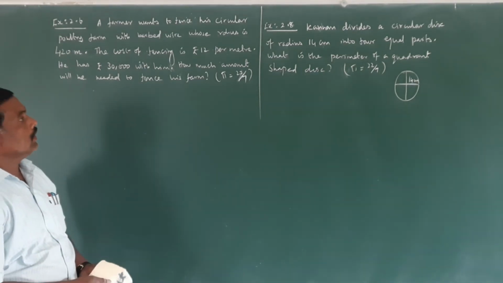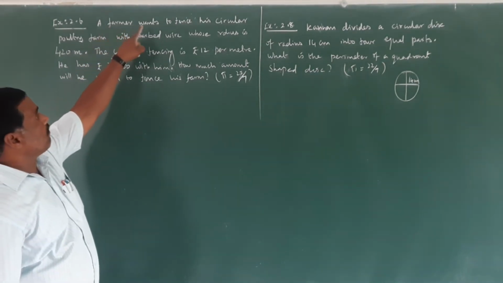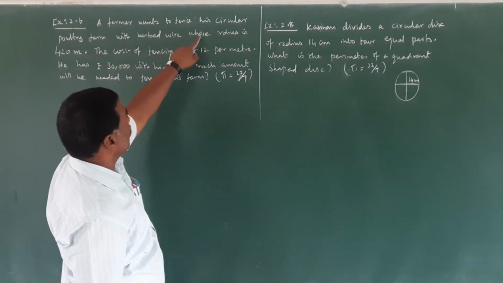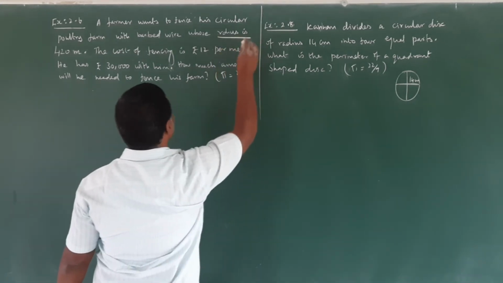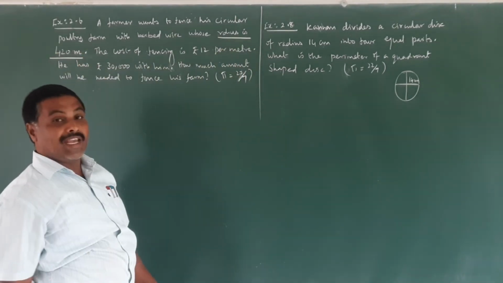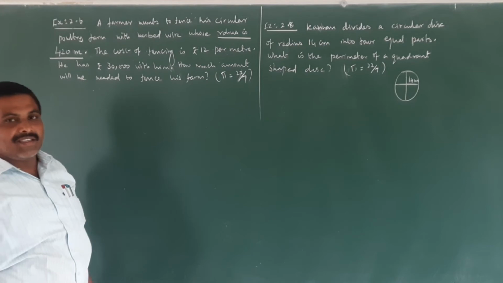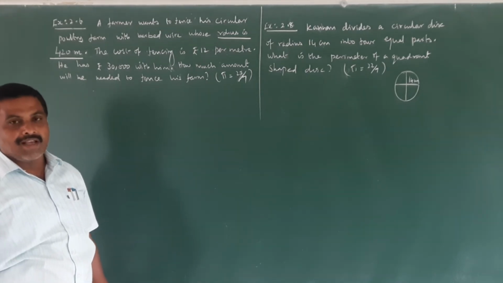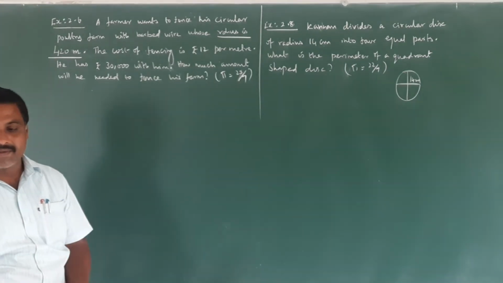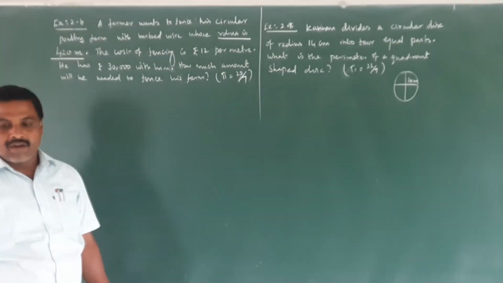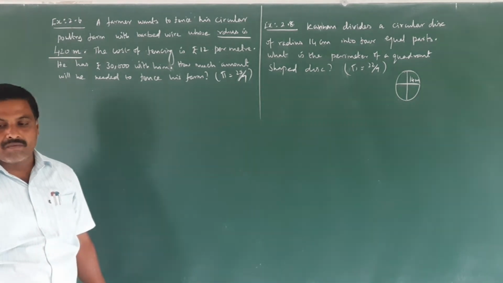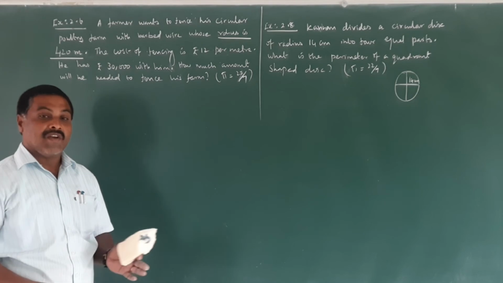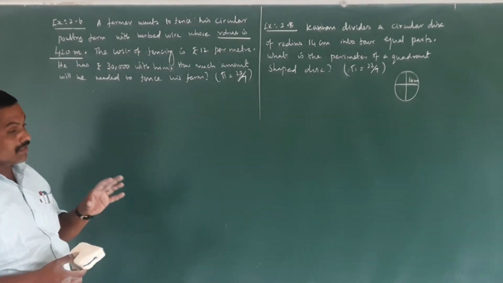What was given? A farmer wants to fence his circular poultry farm with border wire whose radius is 420 meters. The radius is given. Find the circumference of the circle. The length of the border wire for fencing the poultry farm is equal to the circumference of the circle.